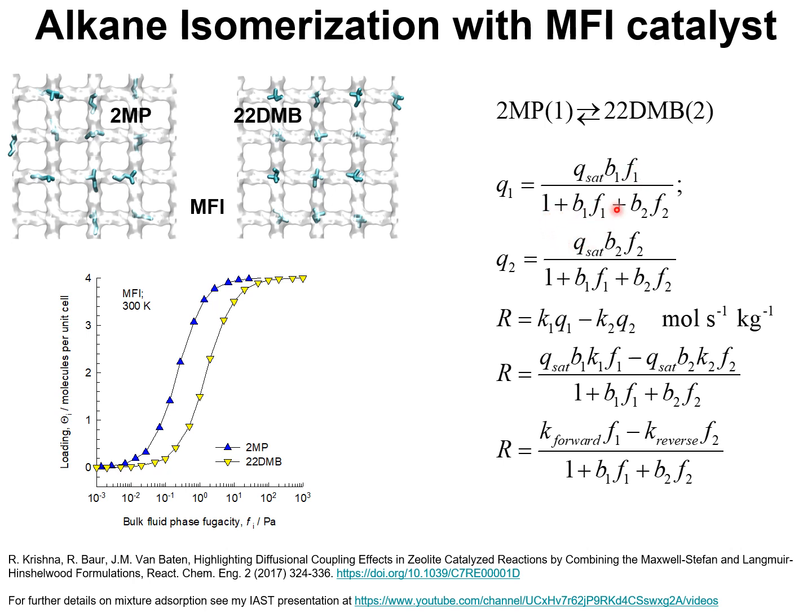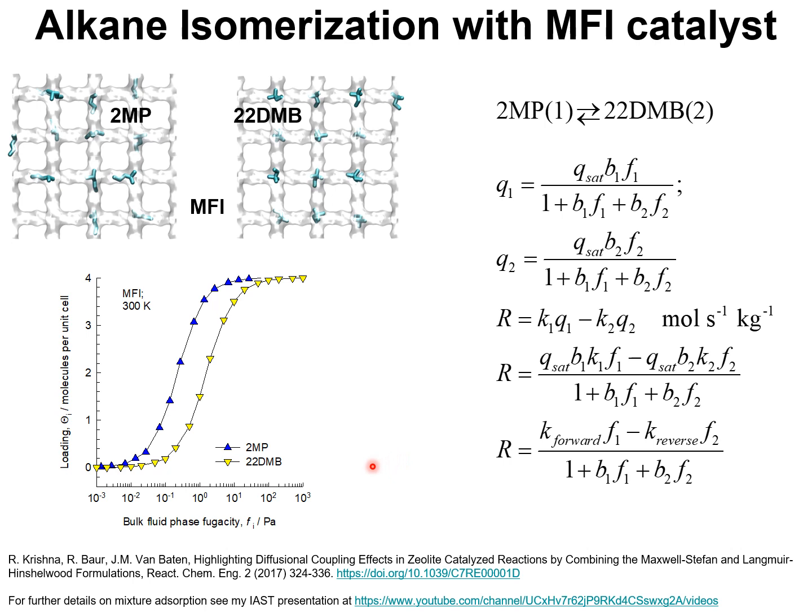And we have the denominator, which is 1 plus B1F1 plus B2F2. Similarly, Q2 can be written as being proportional to B2, the binding strength for component 2, times F2, the partial fugacity of component 2 in the bulk fluid phase.